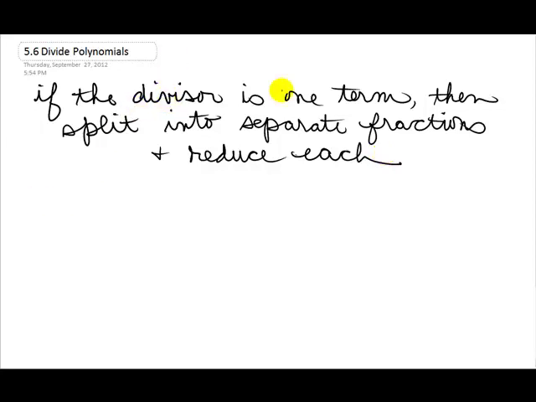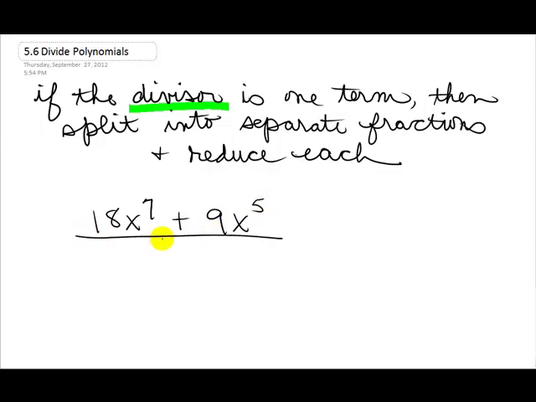Now we have to learn a lot of terms in our math classes. And so when I'm looking at this problem, remember, a fraction line is nothing more than division.